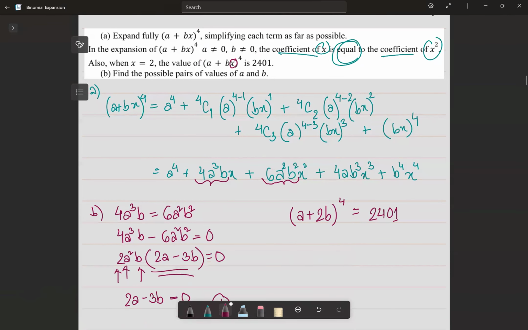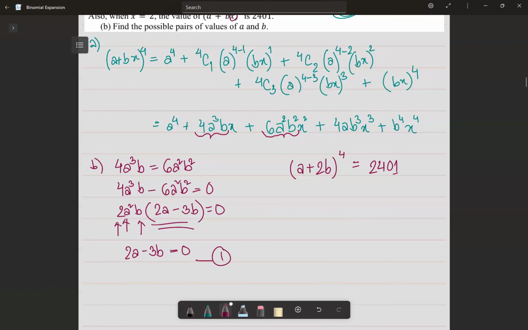Now we know that if we have a fourth power, then it goes to the other side and becomes a fourth root, right? So the fourth root of 2401, if you put this in your calculator, you have a plus 2b is equal to the fourth root of 2401, and from your calculator you get 7. But is this correct? Are we not missing something?